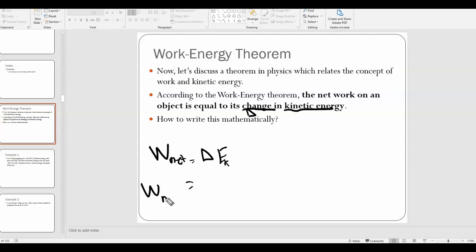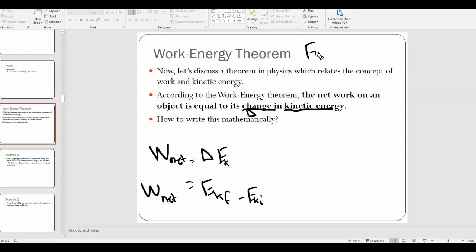So I could rewrite the work energy theorem by expanding it out a little bit. Instead of writing delta EK, I could write EK final minus EK initial. So I've expanded out the delta. Now, this form of the work energy theorem may or may not be super helpful. I might need to expand it out one step further.